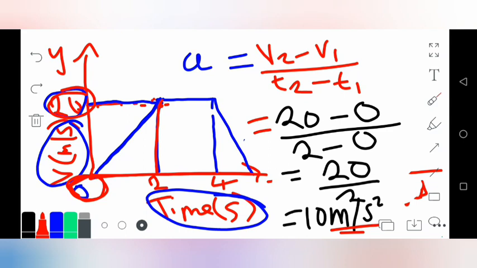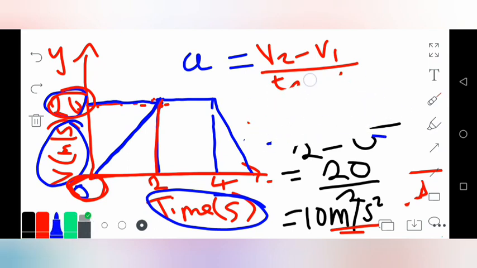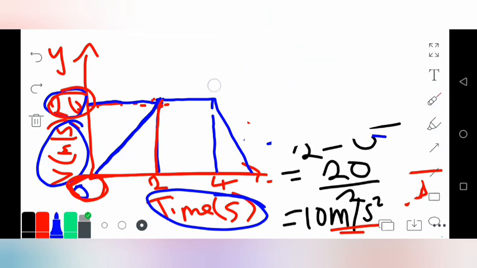Now, the other concept that you must be able to understand is about finding, let's say, the total distance. The total distance traveled by an object or car under this graph. What we mean by total distance is to look at the shape of the graph.